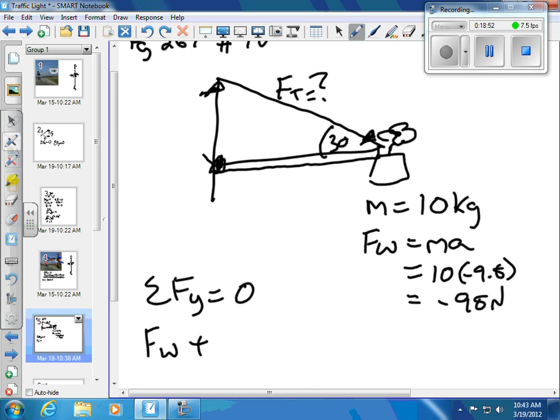This one here should actually be going like this. How do I know that? Because it's pulling like that. And the other rod, the pot's going down, so it's got to keep the pot from falling down.